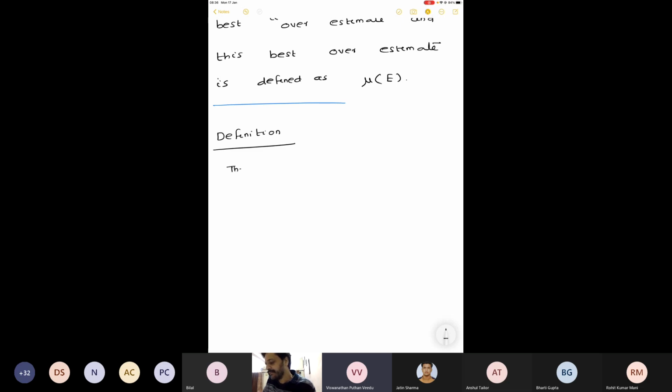The length of an open interval I, denoted by L of I, is defined as follows.